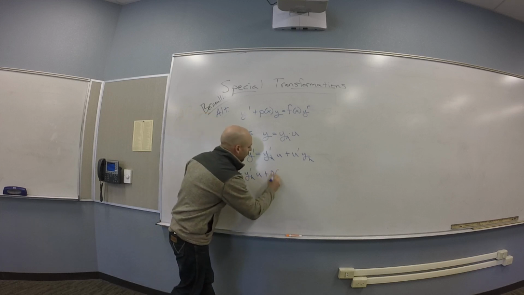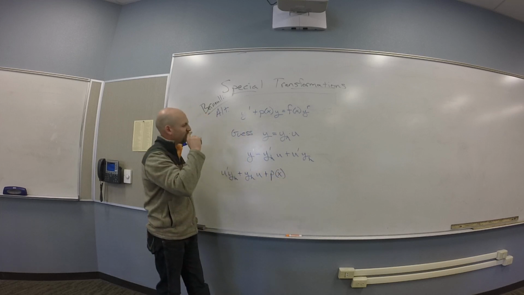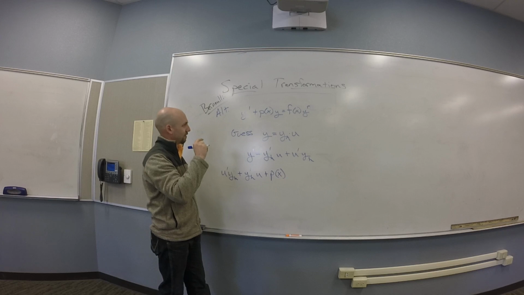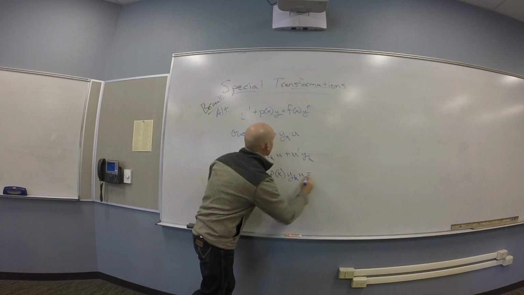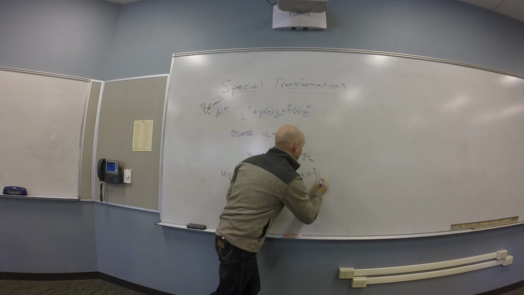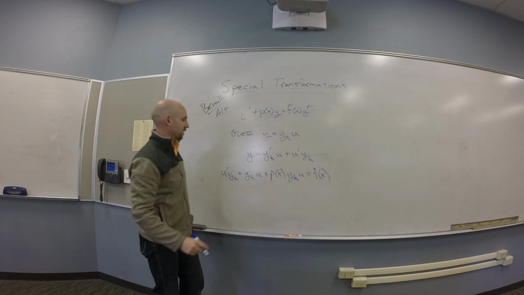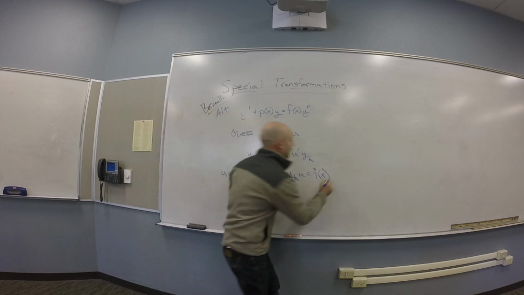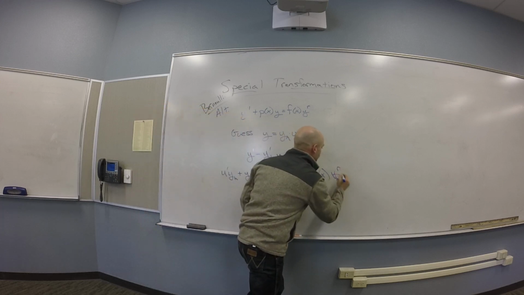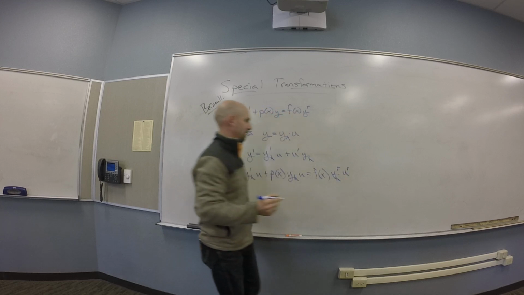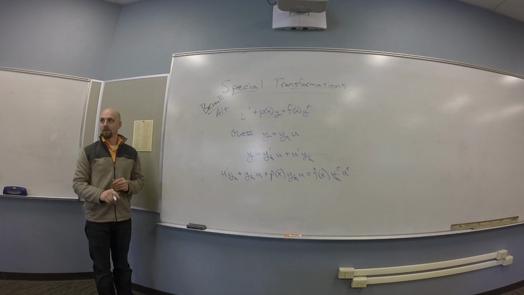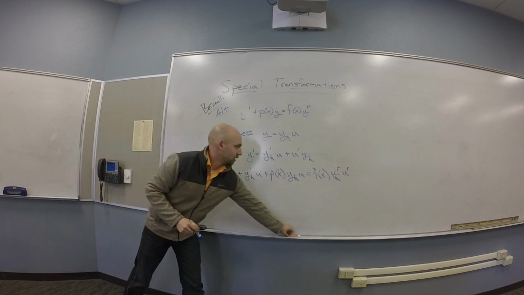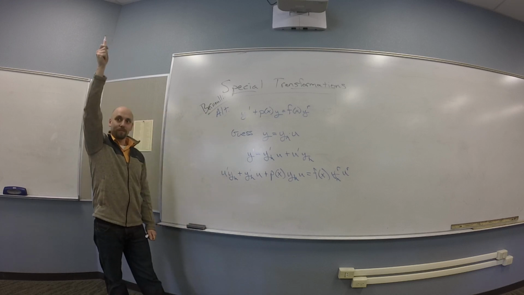So then I got a p of x, and then what was y? y_H times u. And that's supposed to equal f of x times y_H to the r, u to the r. Everybody down with that? Now what?